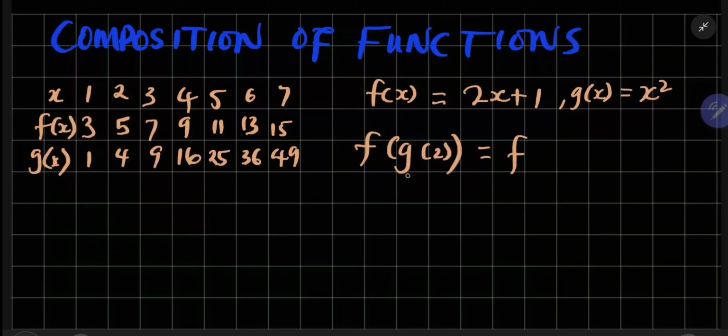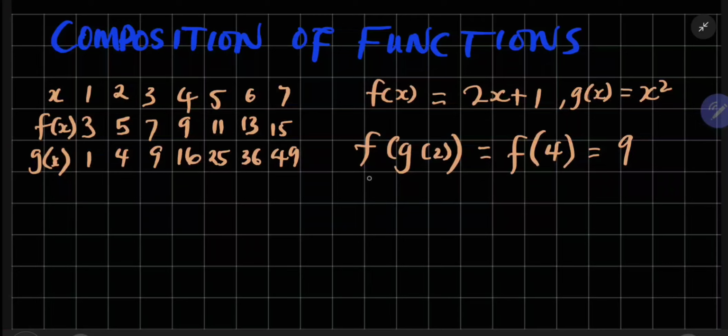So for this, g of 2 becomes an input for f. So we start by finding g of 2. What's g of 2? G of 2 is 4. So now we have to find f of 4. And f of 4 is 9. I hope this was clear enough.